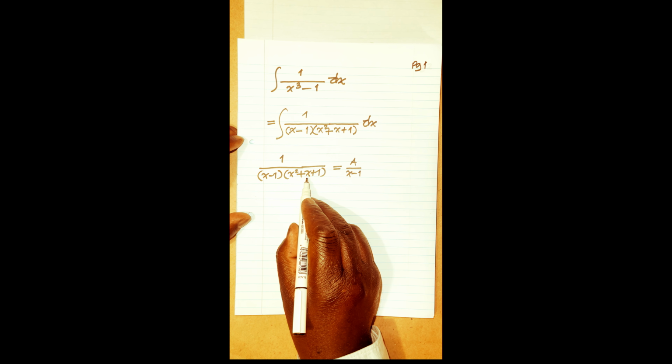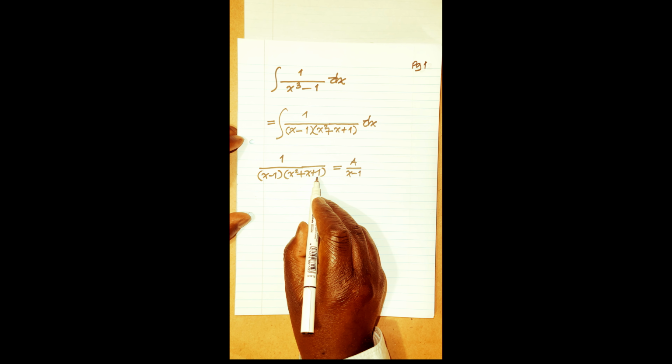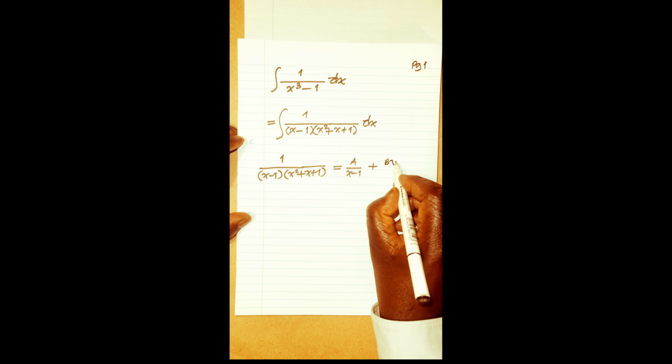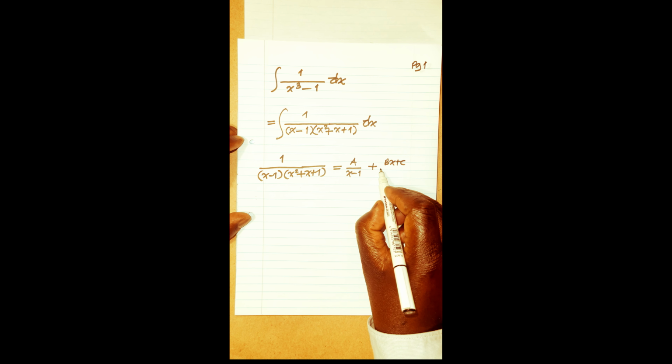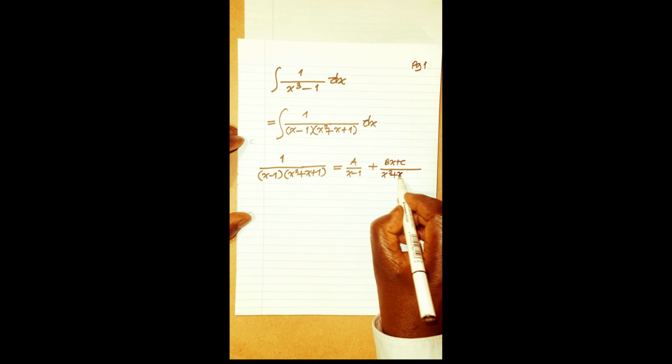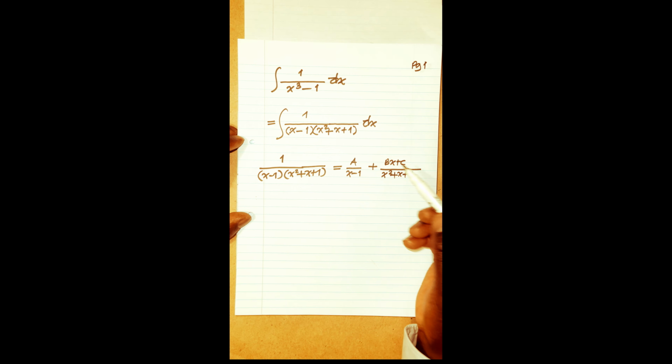And then x squared plus x plus 1 is a quadratic expression. The numerator will be a linear expression. So this is bx plus c all over x squared plus x plus 1. So we have to determine what a, b, and c are.